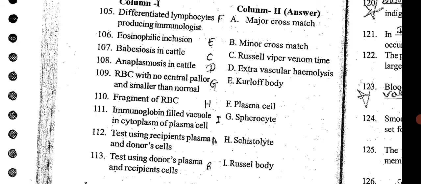Anaplasmosis in cattle has extravascular hemolysis, with red blood cells with no central pallor. It means the center is not pale and the cells are smaller than normal. These are spherocytes: red blood cells that do not fade from the center and are smaller than the normal size.